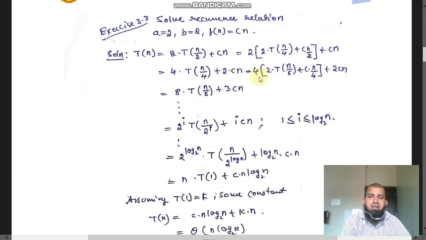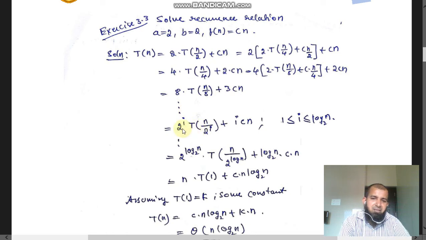Then apply again recursively to T(n/4). First the 4 is written as it is, 2T of n/4 divided by 2, which means n/8, plus cn/4. Then if you simplify you get 8T(n/8), the 4 gets cancelled, 1 cn, here 2 cn, total 3cn.